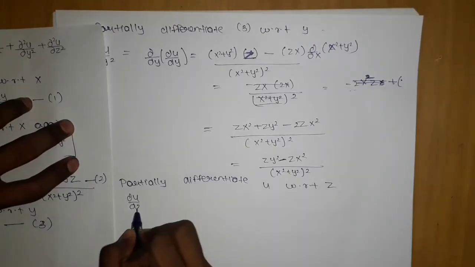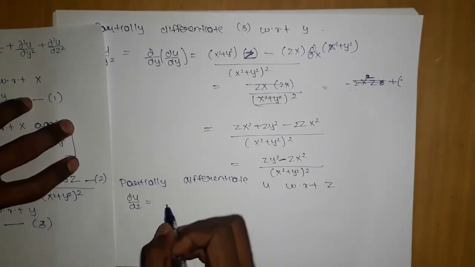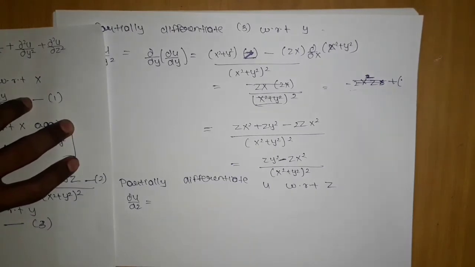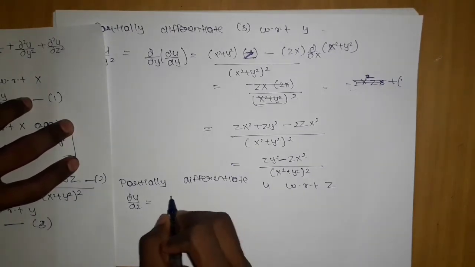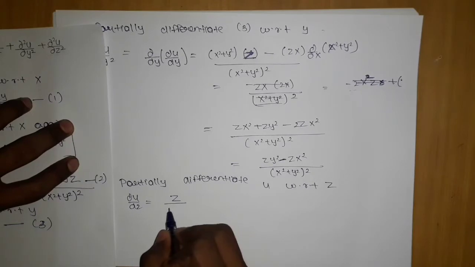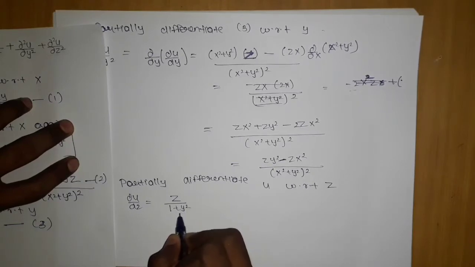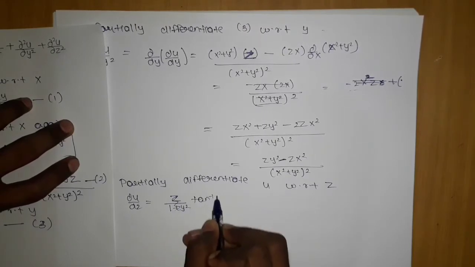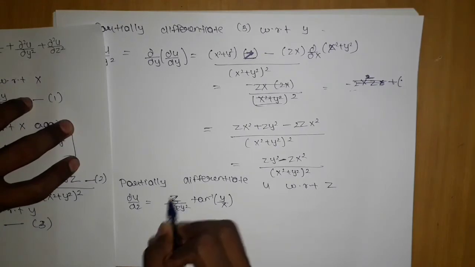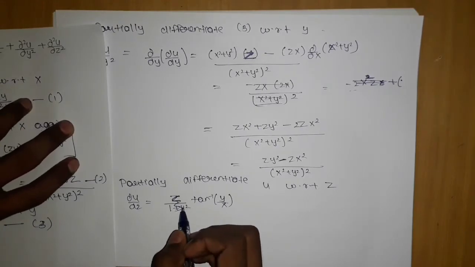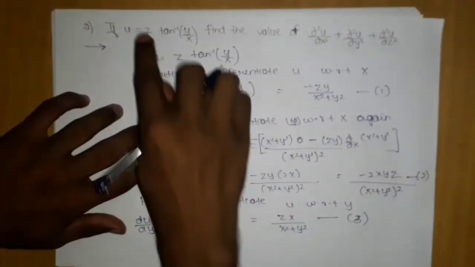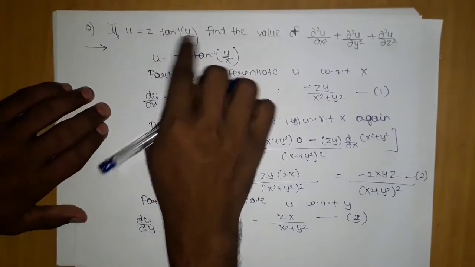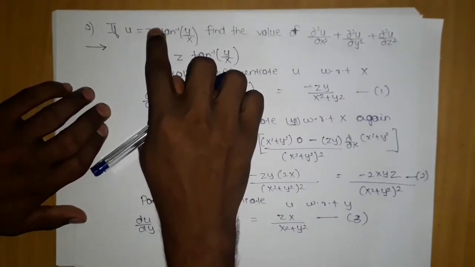Dou u by dou z, which will be nothing but, if I partially differentiate, z times 1 by 1 plus y square. And if you observe, this is a constant thing, tan inverse y by x, because if I differentiate it, you can clearly see the function here is z. You cannot apply the product rule, it will simply become 1.